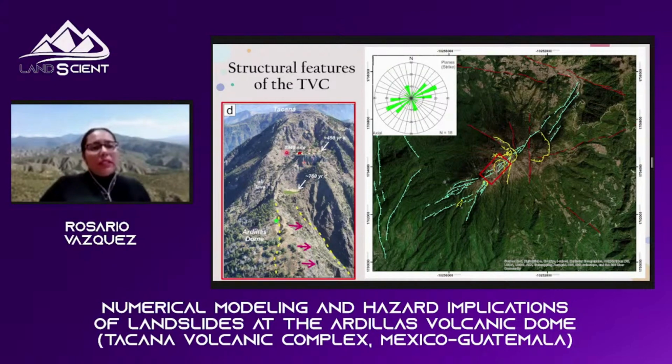The first one in 1949 and the other one in 1986 that was situated down here, right in the scarp of a previous collapse of the main edifice. So all these features are, as we can see here, aligned or are mainly controlled by the structural features that we can see from this aerial view of the volcano.